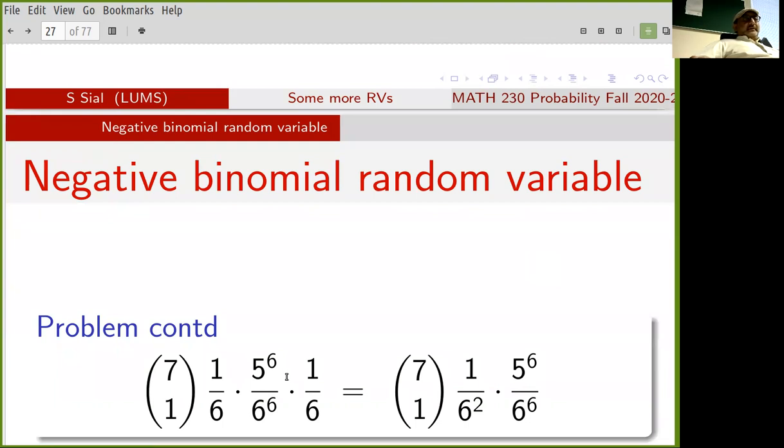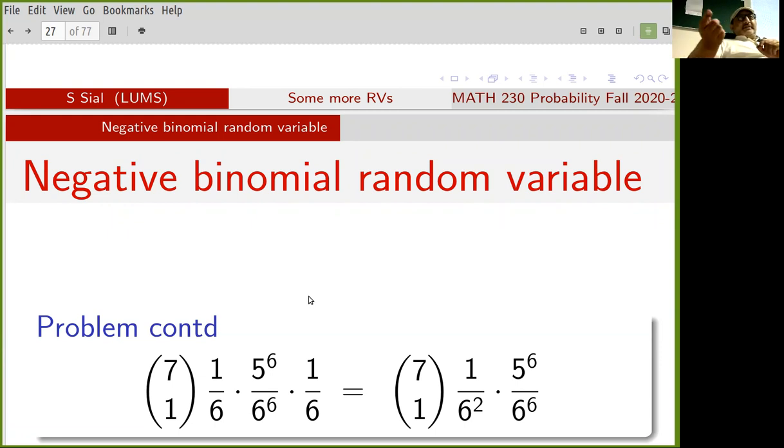We're going to have, let's forget this 1/6 at the end here. Let's just look at this part. You've got 7 trials in which to get 1 success. What's the probability of that? That's 7 choose 1. Probability of a success is 1/6. The probability of failure is 5/6, and then you'd have to have 6 failures, so 5/6 to the 6th.